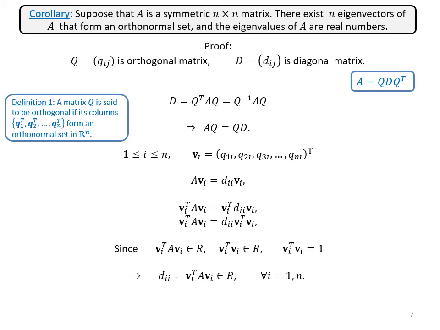First of all, in this case, it's given that matrix A is a symmetric matrix, which implies that we can use the theorem from the previous slide. And it implies that matrix A can be represented as a product of matrix Q multiplied by matrix D and multiplied by transposed matrix Q. Matrix Q is an orthogonal matrix, and matrix D is a diagonal matrix.